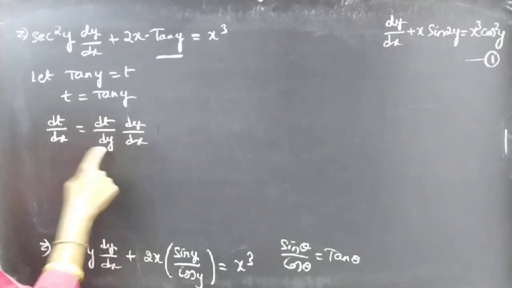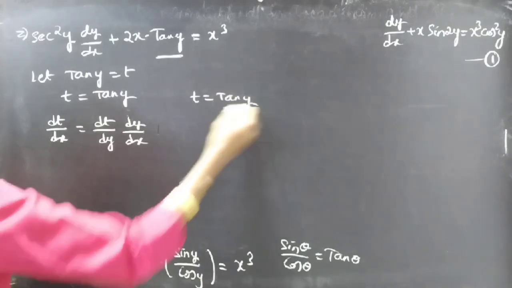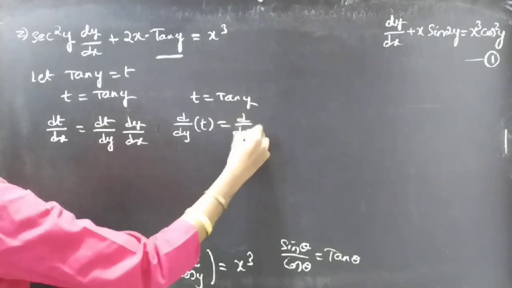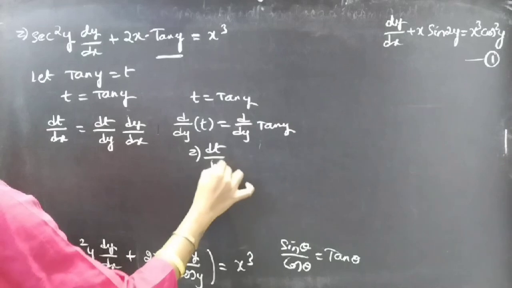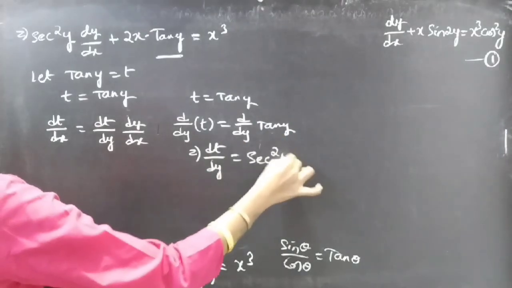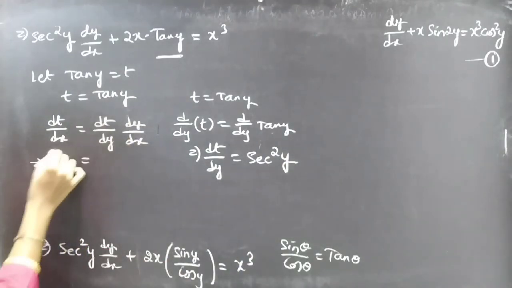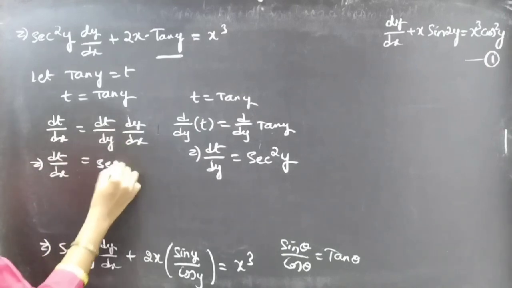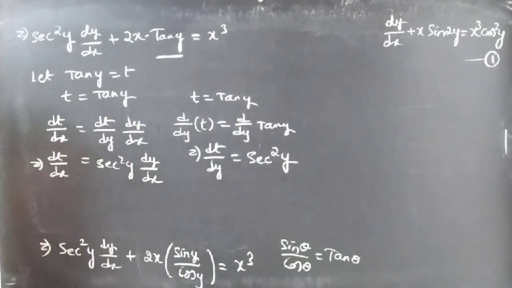Now let's find dt by dy. Okay, if t equals to tan y, differentiate on both sides with respect to y. We'll get dt by dy equal to derivative of tan y with respect to y is secant square y, right? Now this becomes dt by dx equals to dt by dy, which is secant square y into dy by dx, right?